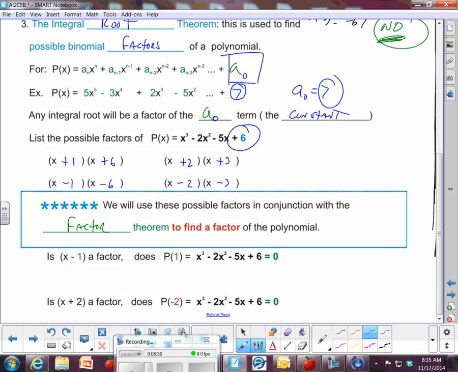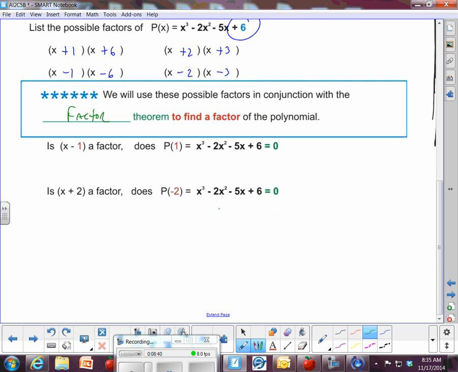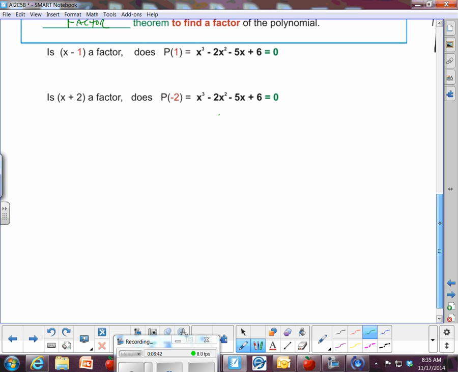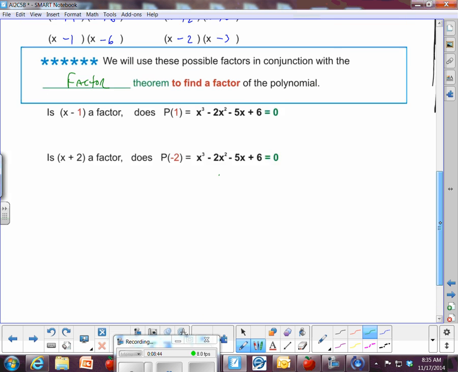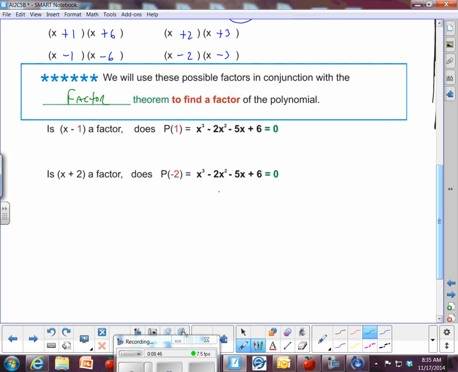Okay, so I got 2 examples there for you, right? I'm going to put this higher for my sake. Okay, so out of those factors that we tried, so here's the x minus 1, and we're going to try it. So again, we're putting a 1 in, because x minus 1 equals 0 and x is a 1.